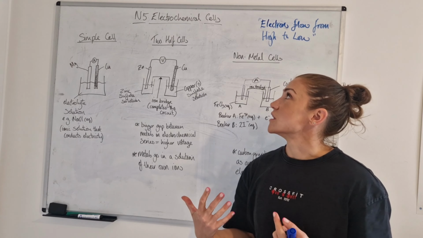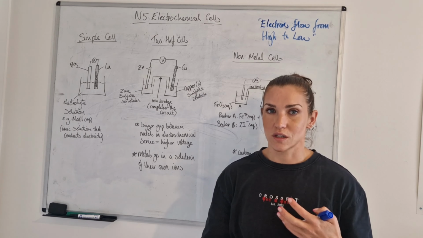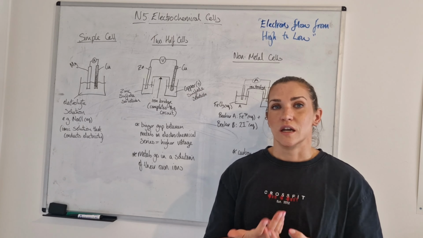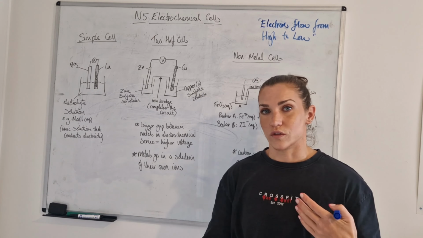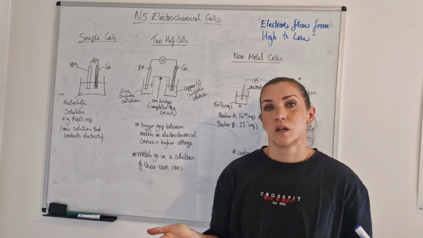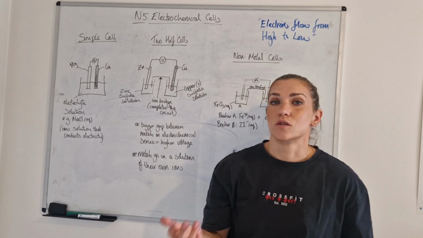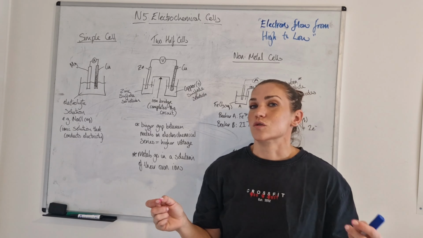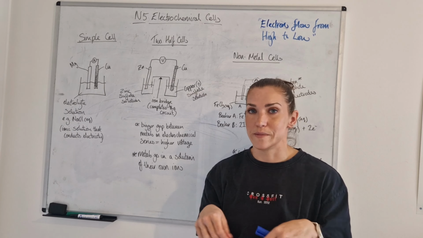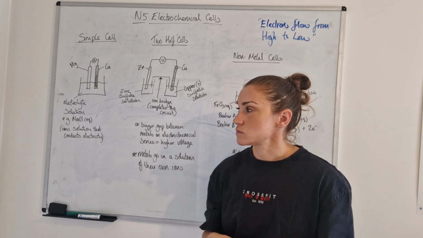But essentially an electrochemical cell is just chemists using metals and non-metals that will gain and lose electrons in order to create a flow of electrons, which is essentially an electrical current, so you will get electricity. So if we were to put a bulb in the middle of here, it would light up, or you might have seen in school a teacher showing you a clock when they put it in a potato or lemon, it will light up with the time.